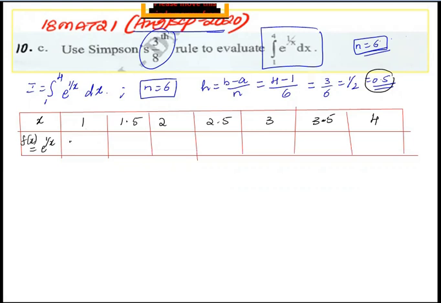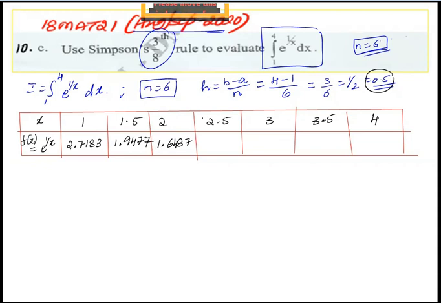That is 2.7183. Next, store answer as 1.5, then e power 1 by answer. The value is 1.9477. Similarly, store answer as 2, then press the replay button, so that you are getting the answer 1.6487.